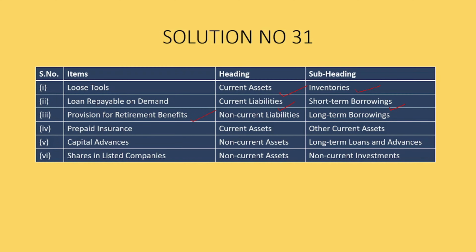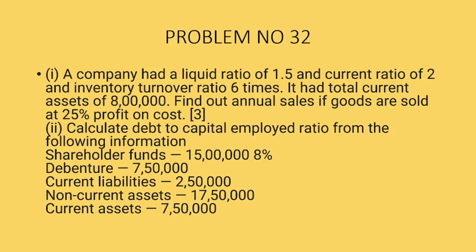Provision for retirement benefits is a non-current liability, long-term borrowings. Prepaid insurance is current assets, other current assets, it will be the subheading because it's not directly a current asset but a current asset also. Next is capital advances, non-current assets, that is long term loans and advances, and shares in listed company, non-current assets, or rather non-current investments.